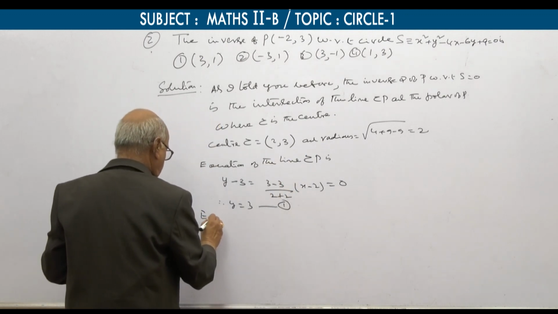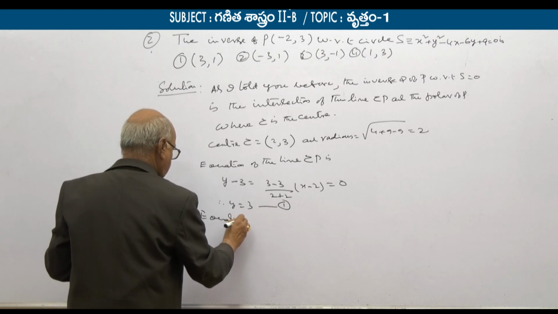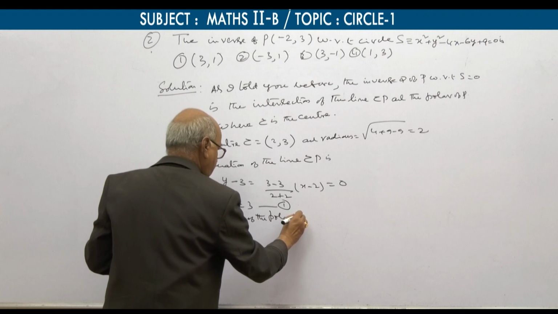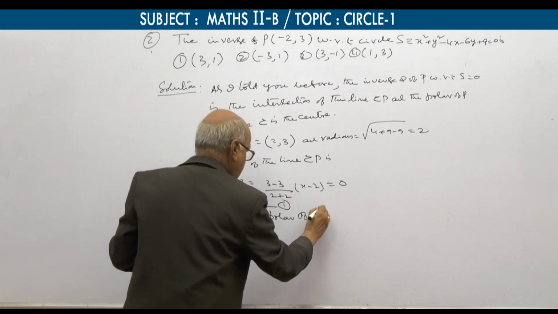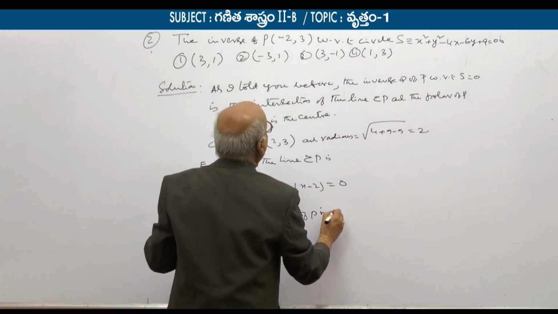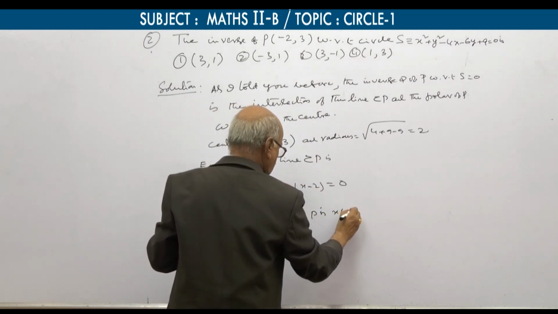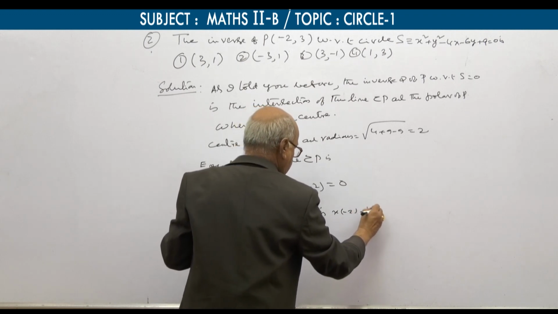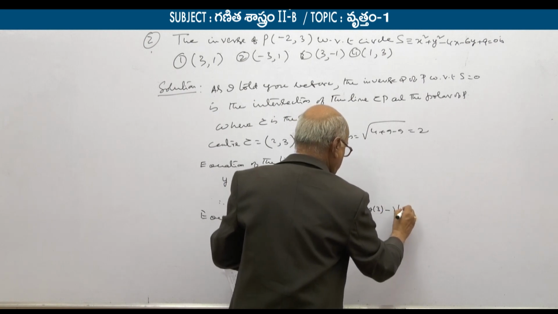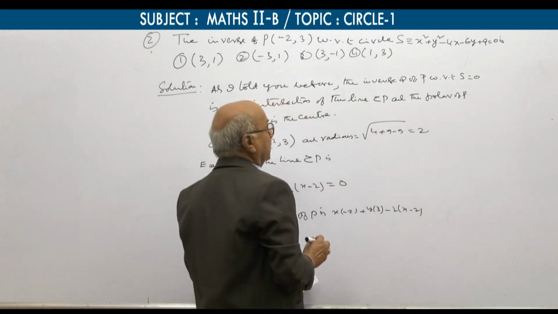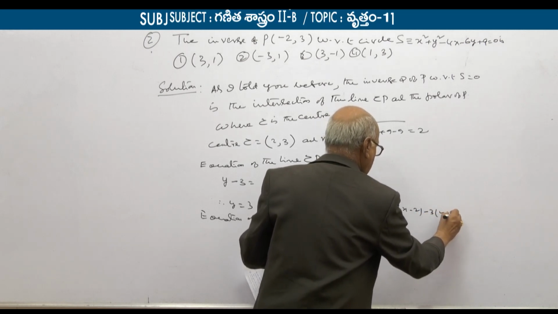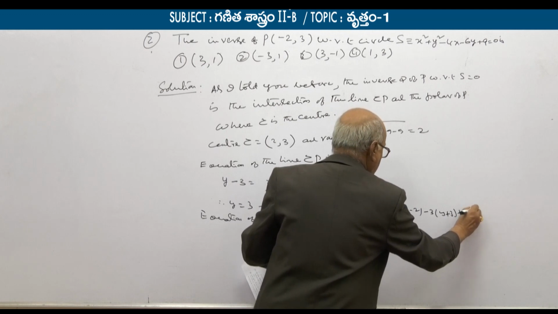Now the equation of the polar of P(-2, 3) is x into (-2) plus y into 3 minus 2 into (x minus 2) minus 3 into (y plus 3) plus 9 is equal to 0.